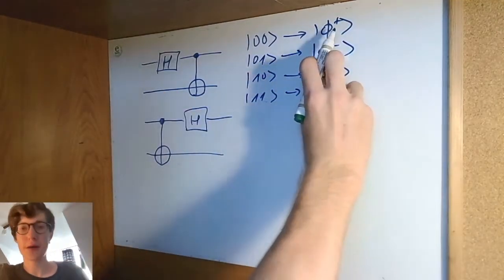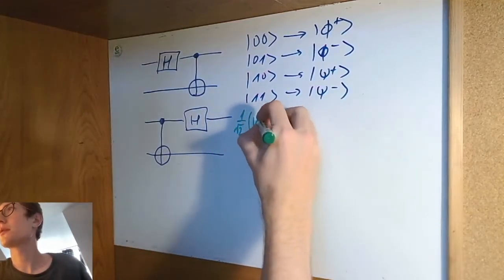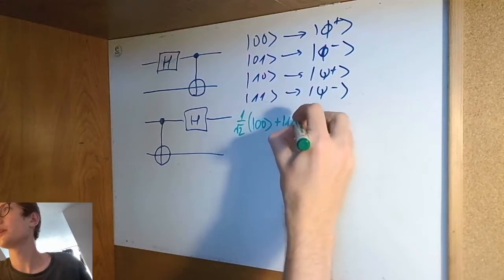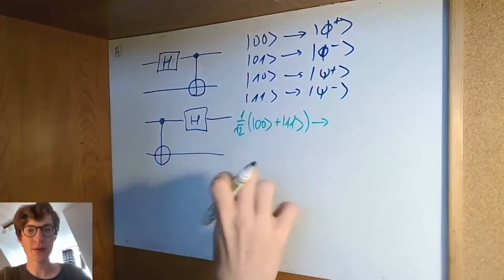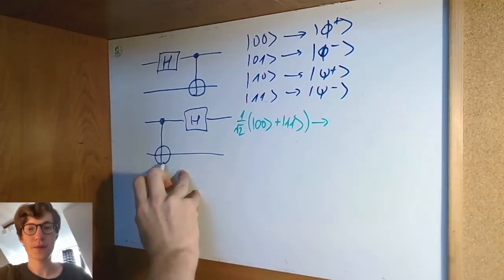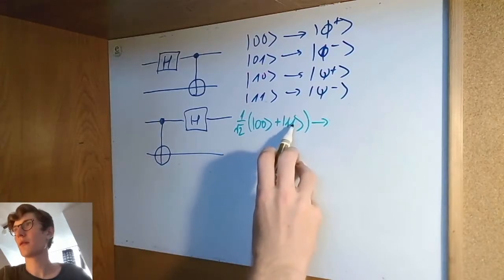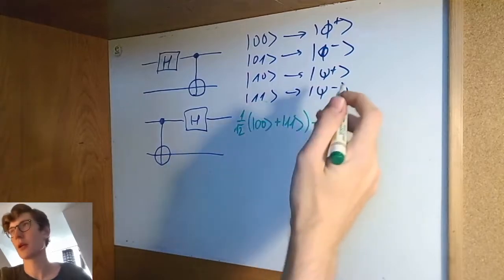So let's take phi plus, for example, okay? So it's 1 over square root of 2, 0, 0 plus 1, 1, right? And let's check what this transformation does to this state. So C naught bit flips the second qubit only in this part of the superposition, right? It doesn't change 0, 0 at all.